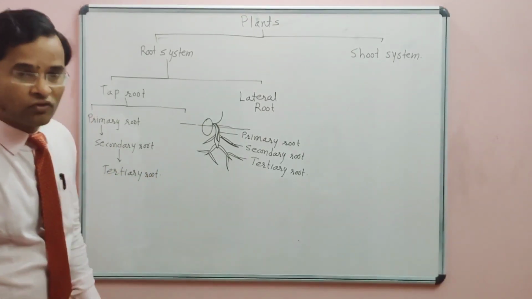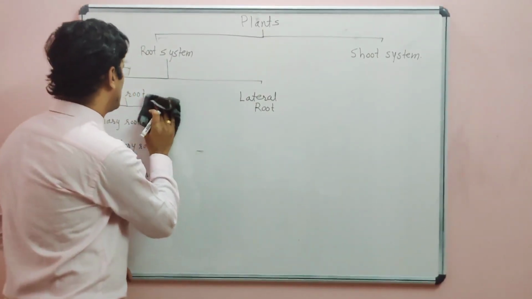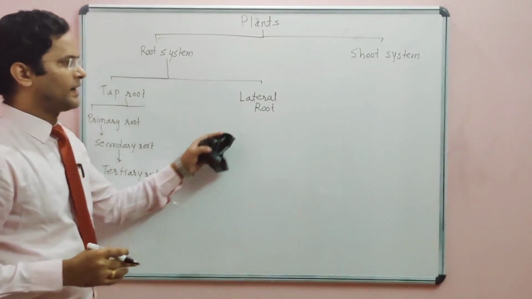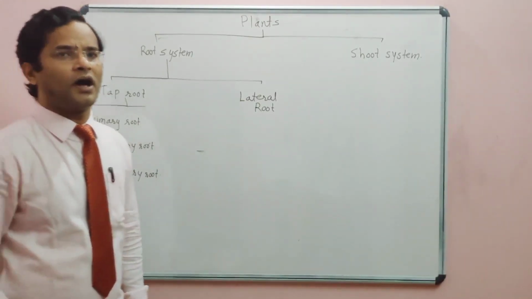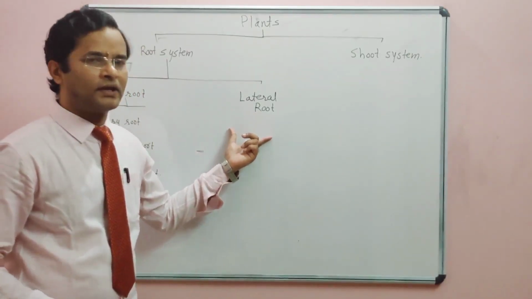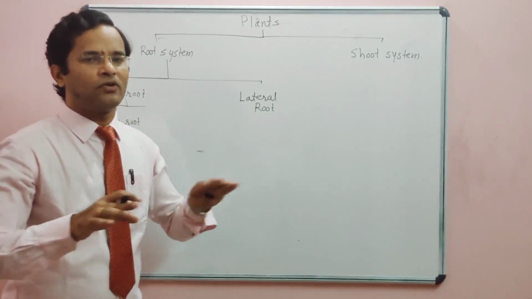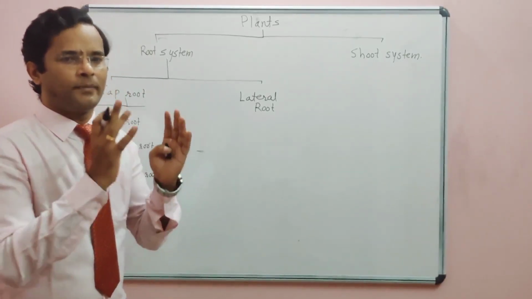Now on the other side of the root, that is lateral root. Lateral roots are structures showing separate branches, but they develop on the lateral sides of the main root.